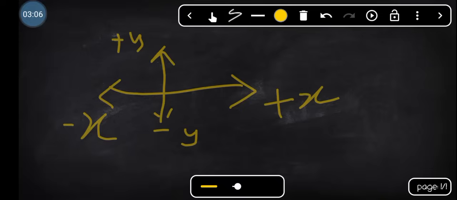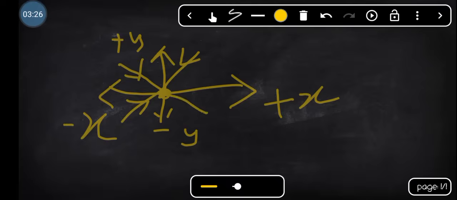Now let's say a force is acting at this point here. Let's say there's a mass loaded at this point, and different forces are acting on it.